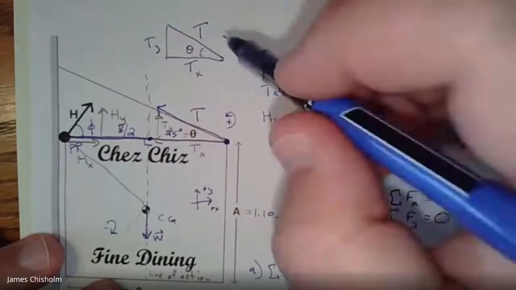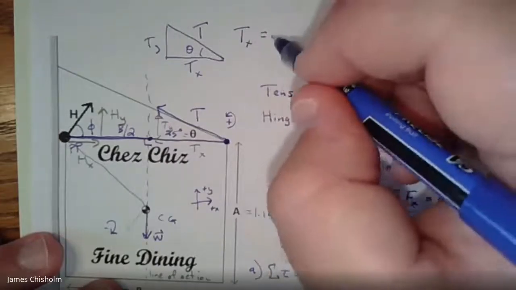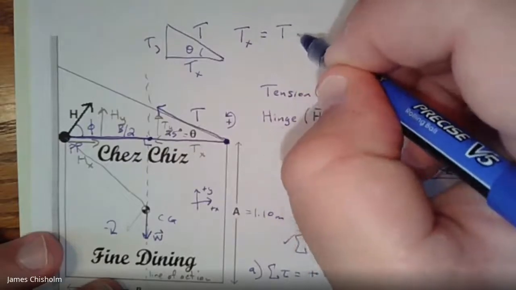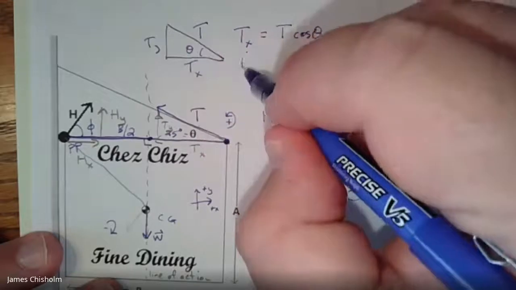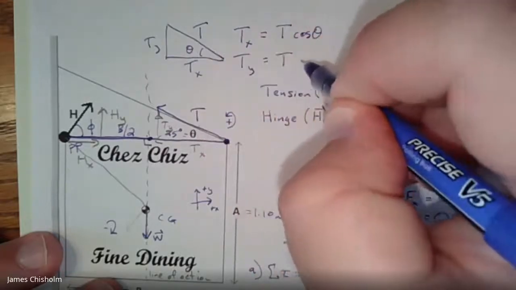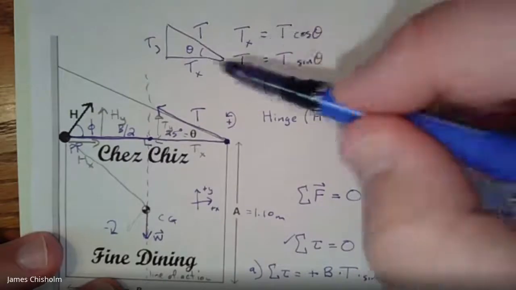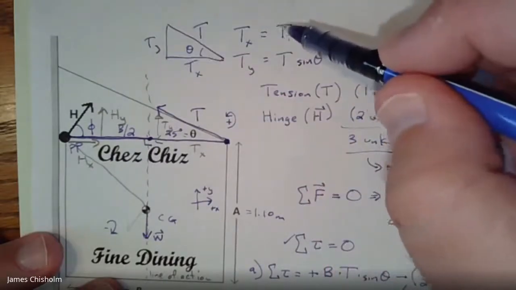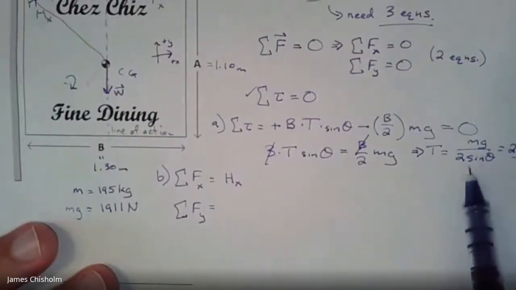We already know this angle. Notice that I can say that Tx is equal to, just in terms of the magnitude, T multiplied by the cosine of theta, because that's the adjacent side, and then my Ty is going to be T times the sine of theta. And then we know this is negative, and that is acting positive. But again, we already have the tension. In fact, we've already written the tension in terms of sine theta.